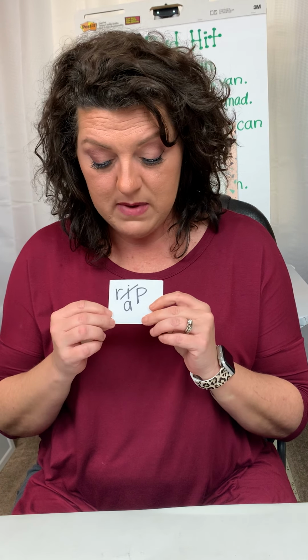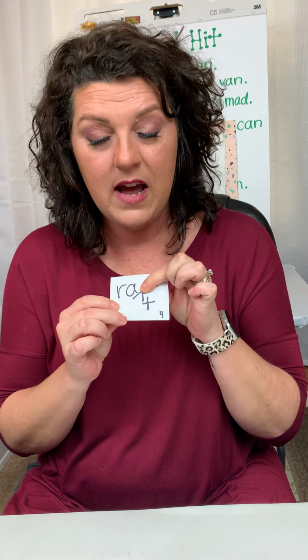Say rip. Say rip again, but instead of I, say a. We're changing the medial sound, or in the middle. So instead of I, you would have a, wrap. All right. Say wrap. Say wrap again, but instead of P, say T. Okay. You should have wrapped. All right.